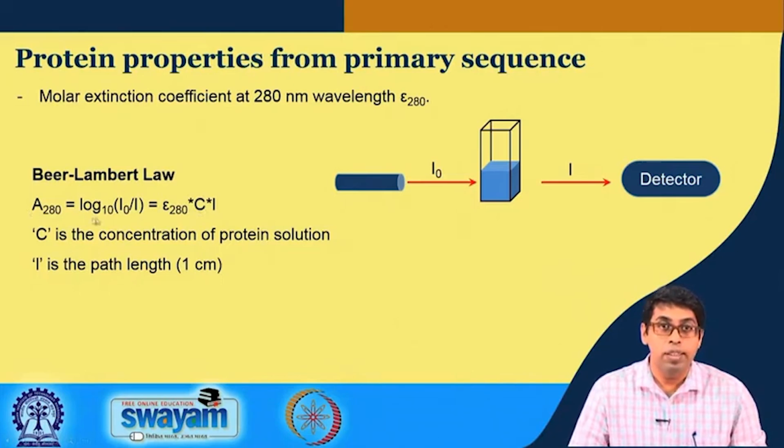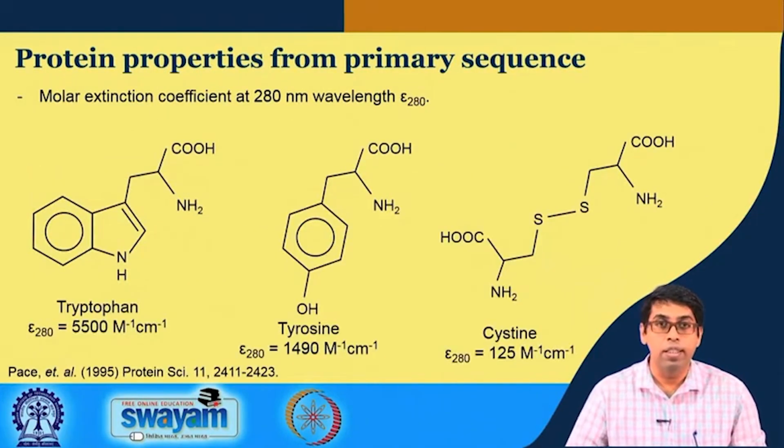To use this Beer-Lambert law, we need to know epsilon 280, and this can be very easily determined from the primary sequence of the protein. It turns out that out of the 20 amino acids, only two, and to some extent a third, absorb significantly at 280 nanometers.